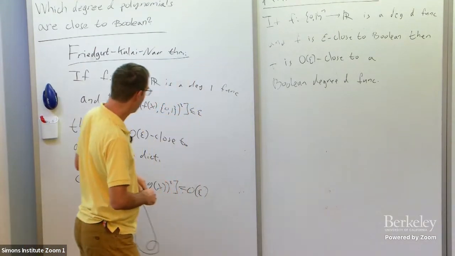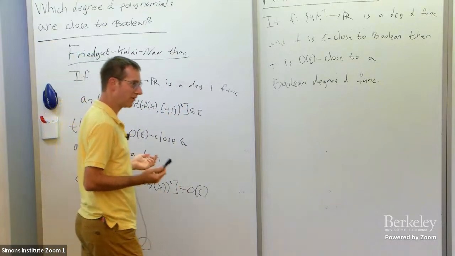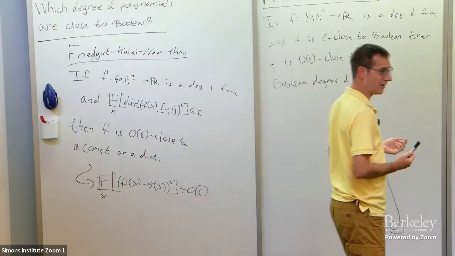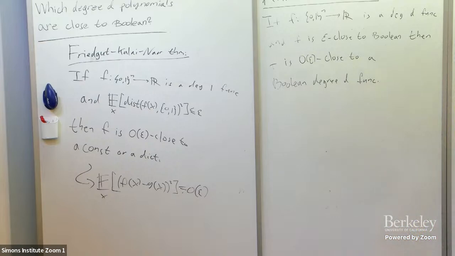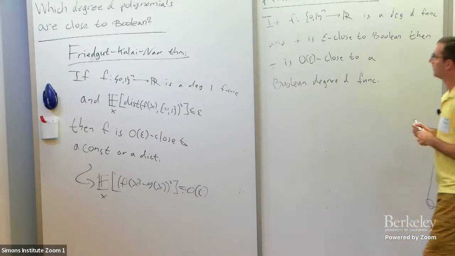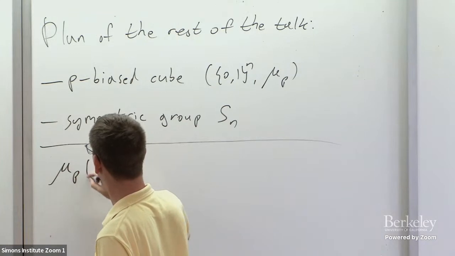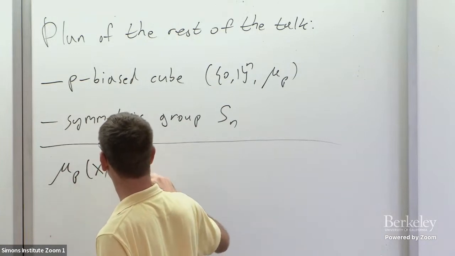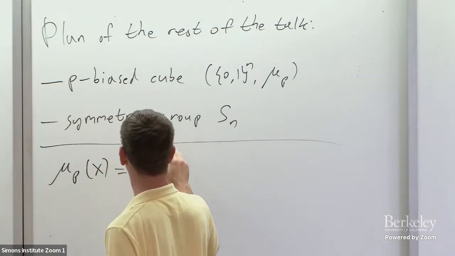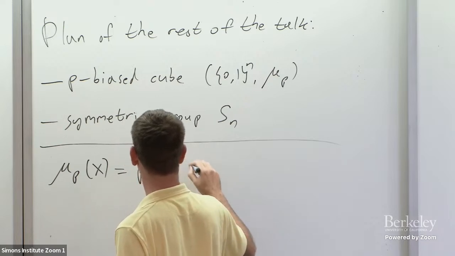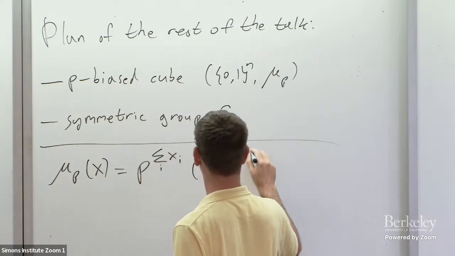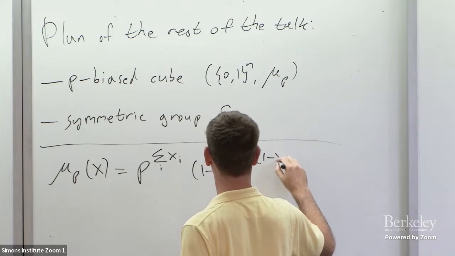In all these expectations, instead of considering the uniform distribution, we can consider this p-biased distribution, where every point is equal to 1 with probability p. So this is a distribution mu_p. mu_p of x is p to the sum of x_i, times (1 minus p) to the sum of (1 minus x_i).